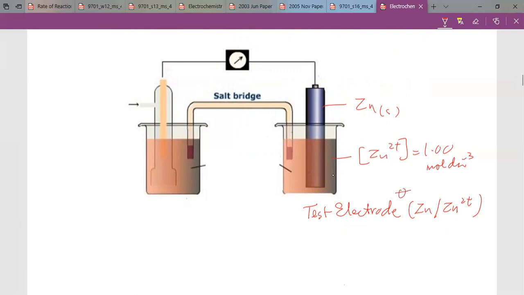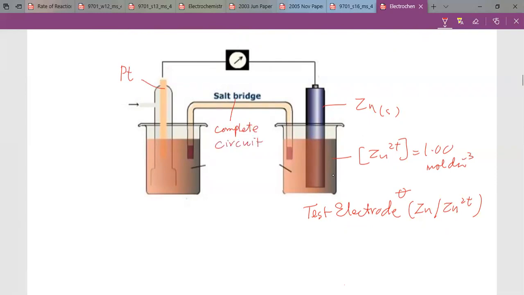Now here, to make it standard, I will remember this like a rocket. Here is platinum, so put Pt with it, no need to write platinum. Salt bridge is to connect, to cause the ions to flow, to complete the circuit. In form 5, we say complete the circuit.